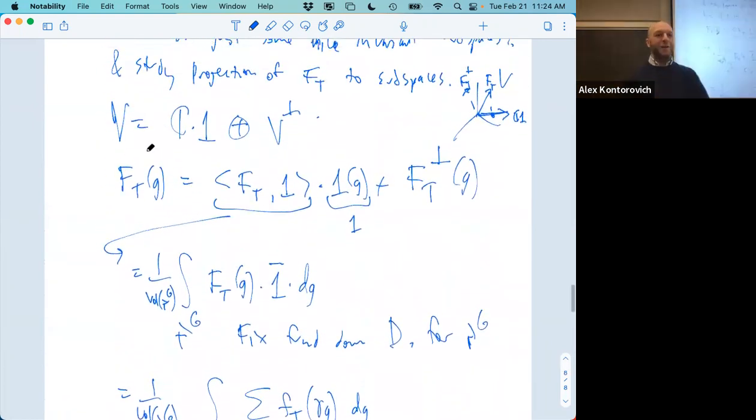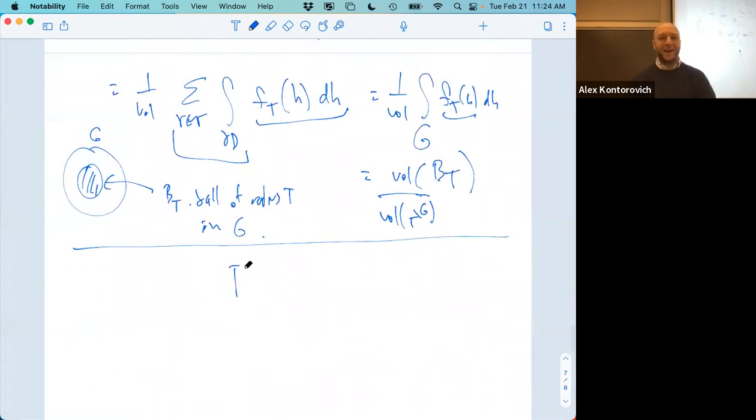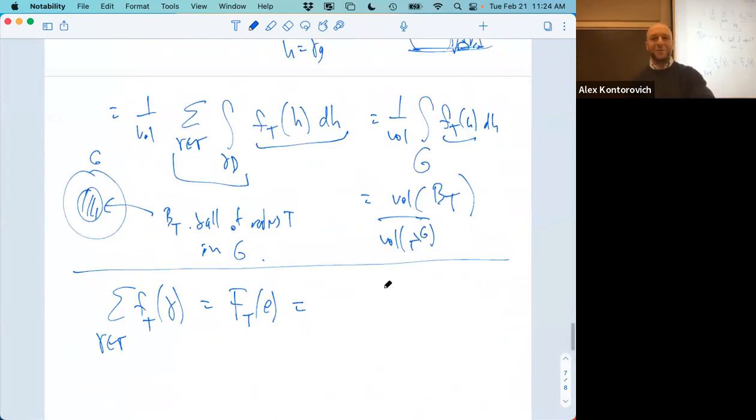Right. But look at what we've done. We've said this counting function, if you believe that the constant function is the main term, that this f_T at e, which on one hand is a sum of f_T of gamma times e summed over gamma in Gamma, which is exactly the count that we're interested in, on the other hand is equal to this integral.